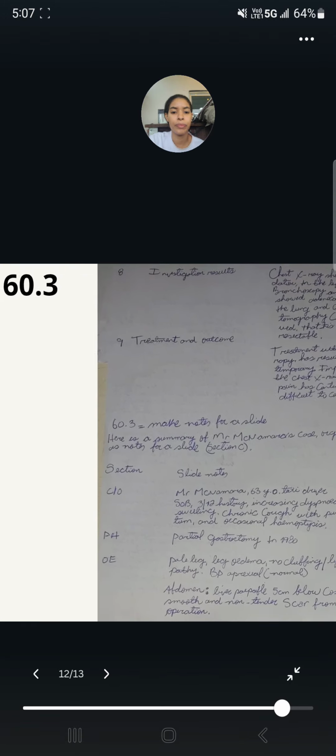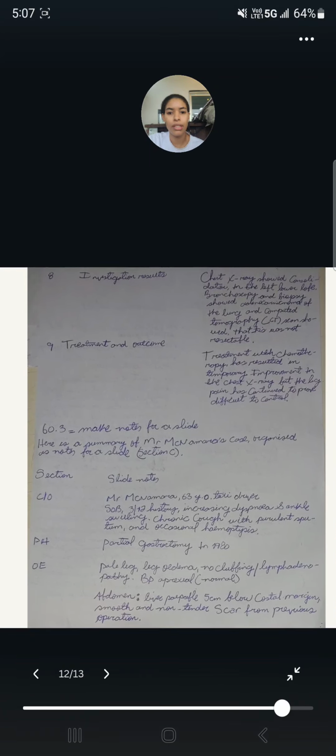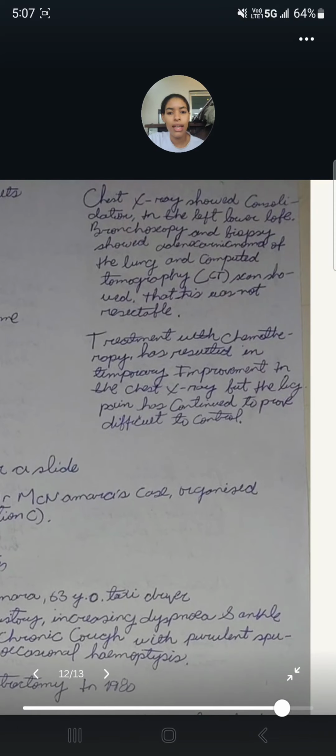This was exercise 60.2. Let's now see exercise 60.3. Oh, there's still one missing from exercise 60.2. So we have investigation results: chest x-ray showed consolidation in the left lower lobe.